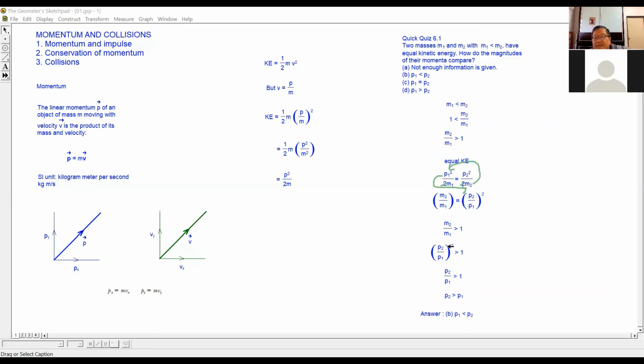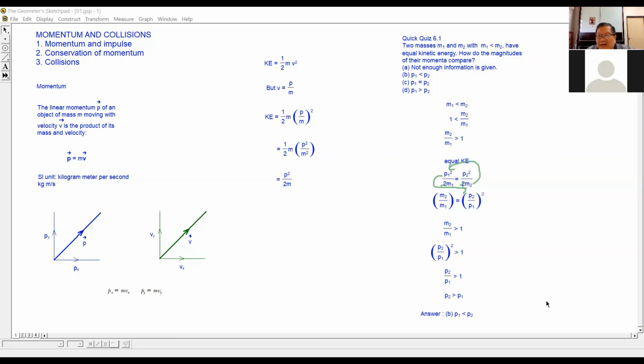Then to get rid of the square here, I take square root. Square root of 1 is still 1. So we have P2 over P1 is greater than 1. And finally, we have P2 greater than P1. P2 greater than P1 means P1 is less than P2. So the answer is B. P1 is less than P2.